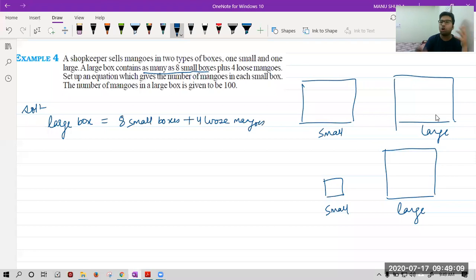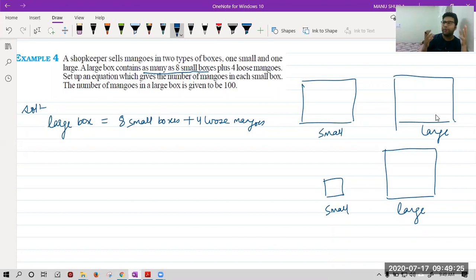This I have got from the statement. They are saying we have a larger box in which he has kept 8 small boxes.